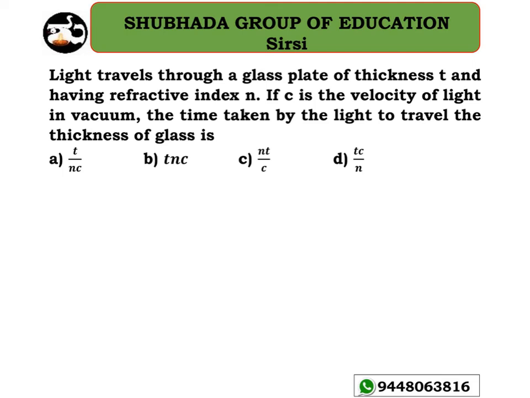The light travels through a glass plate of thickness t and having the refractive index n. If c is the velocity of light in vacuum, the time taken by the light to travel the thickness of the glass is? As you know, speed is equal to distance divided by time.